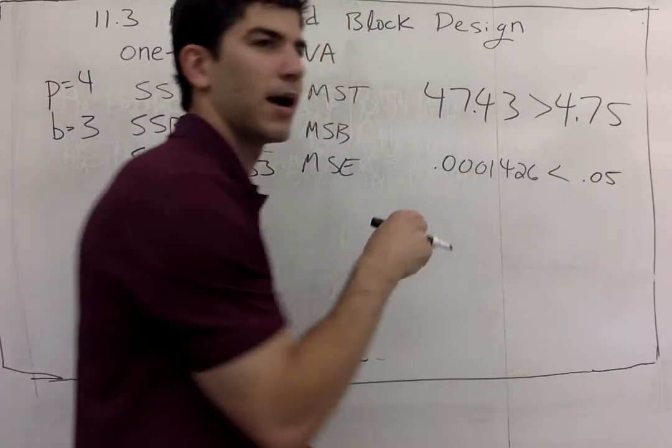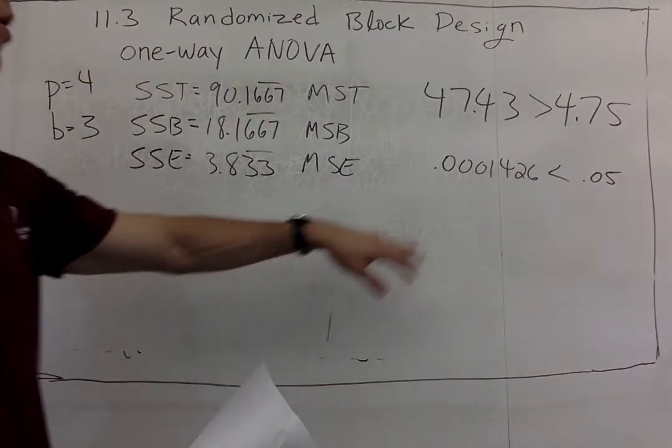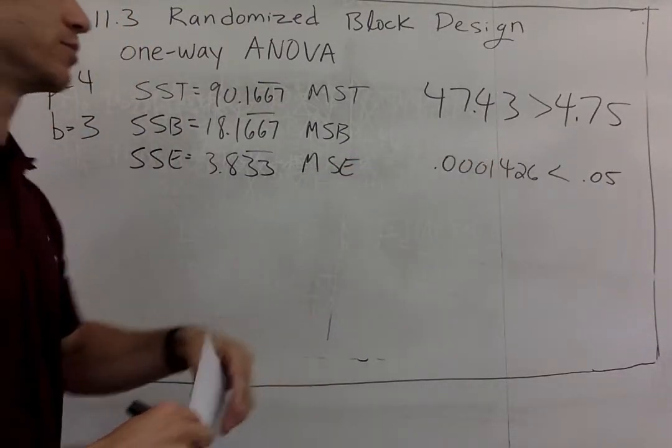So the null hypothesis in this case is that all of the production methods are equal. So let me write that out.